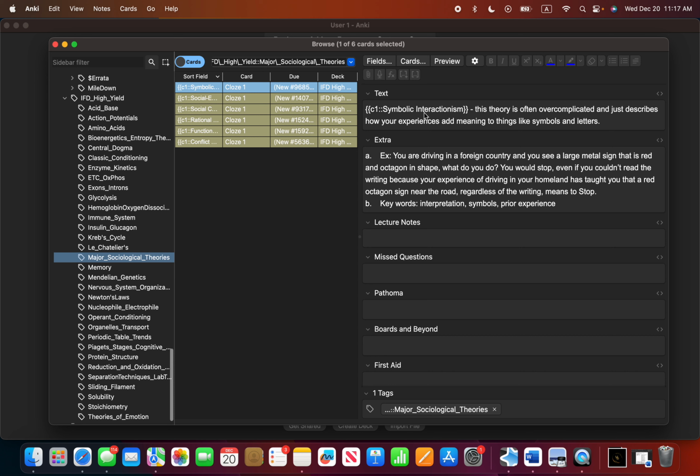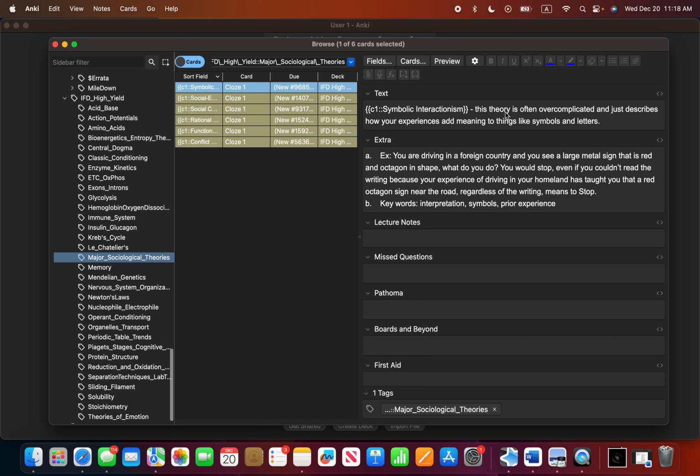What is symbolic? Like symbols. Yeah, I know what symbols are, right? Like hand gestures or some signs. And then we have interactionism coming from interactions. But does this mean that we use symbols to interact with each other, like the peace sign or the middle finger?